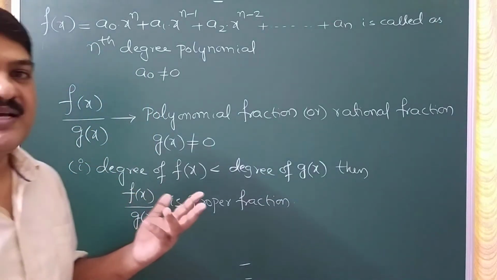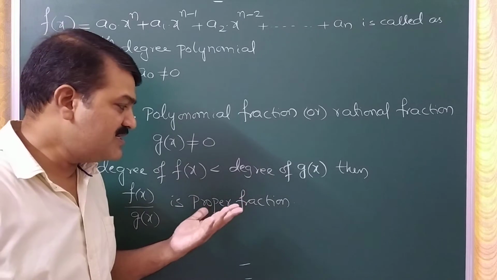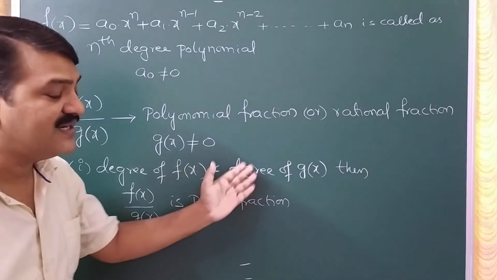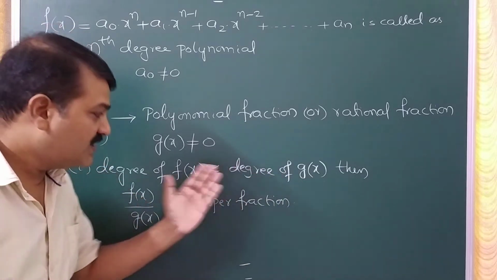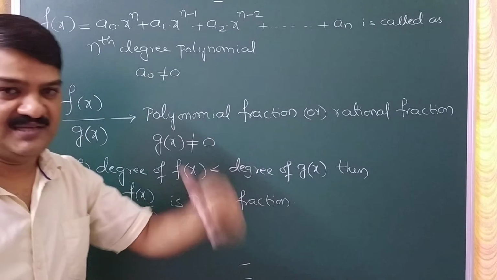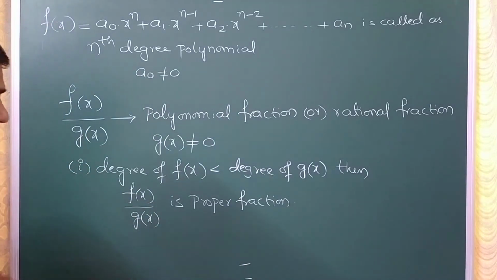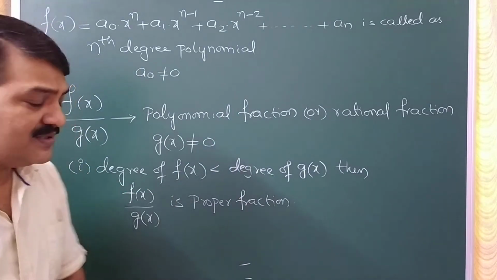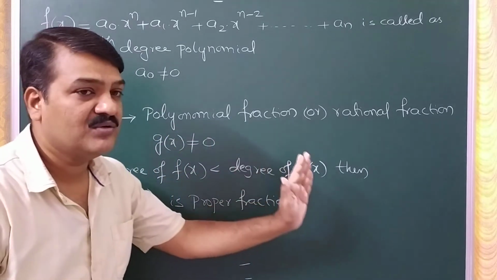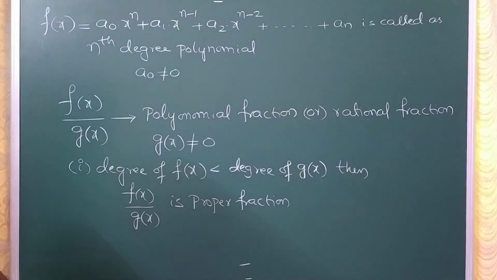Otherwise, it is called an improper fraction. Otherwise means what? If the degree of f of x is not less than the degree of g of x. Not less than means what? The degree will be either more or equal. So it is called an improper fraction when the degree of f of x is greater than or equal to the degree of g of x.